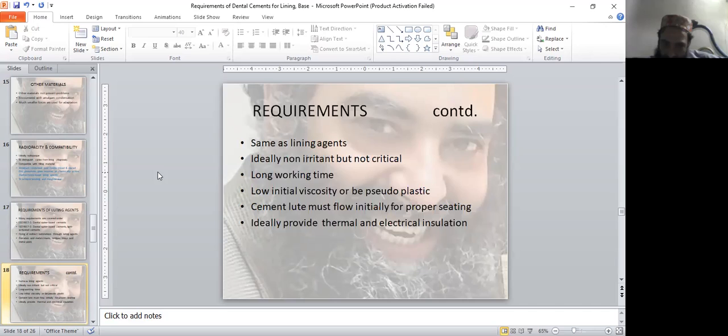Low initial viscosity or a pseudoplastic material. Cement fluid must flow initially for proper seating. Initially, it should be more fluid and ideally provide thermal and electrical insulation. These two insulations must be a property of a cement.